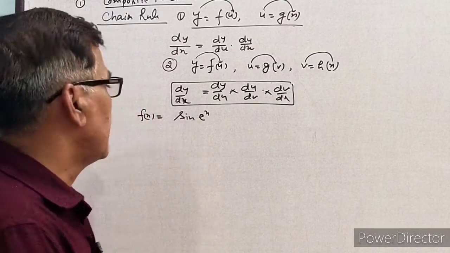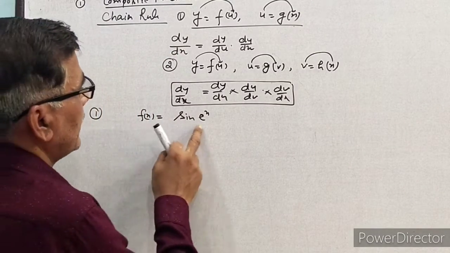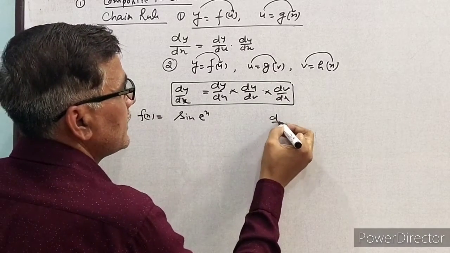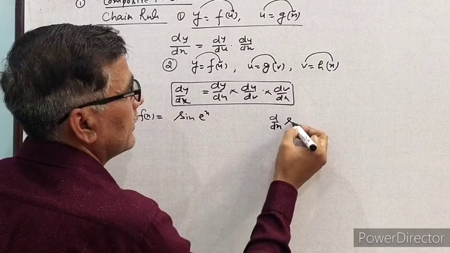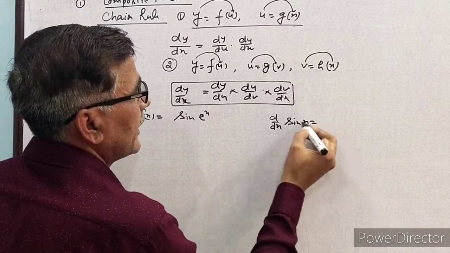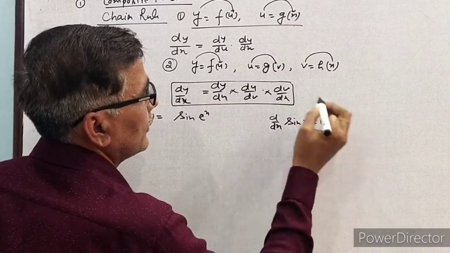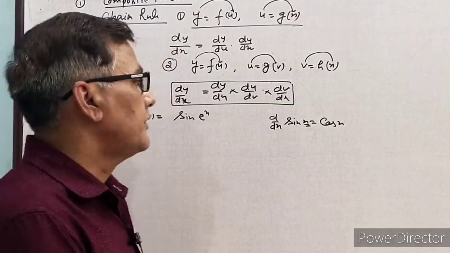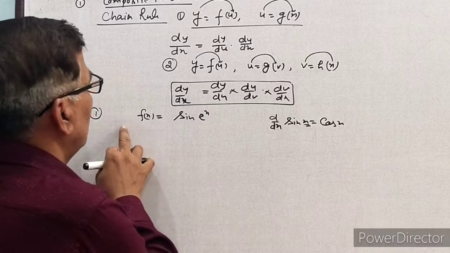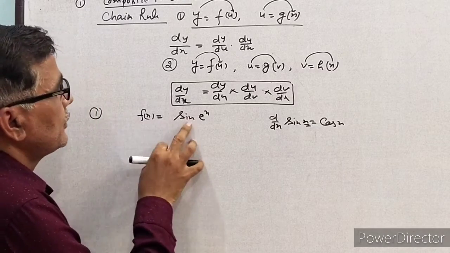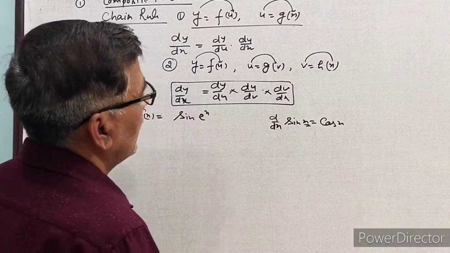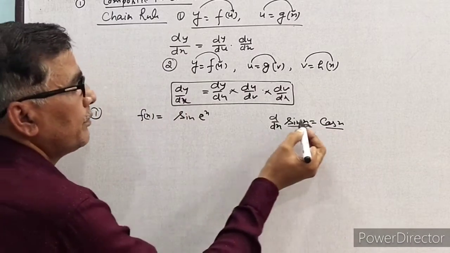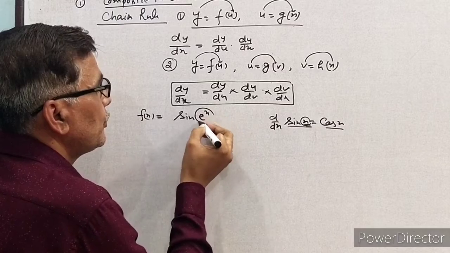Let us consider an example. f(x) is equal to sin e raised to x. Now we know the standard result: the derivative of sin x is equal to cos x. Here in the place of sin x, we consider a composite function f(x) is equal to sin e raised to x. Here in the place of x we are having e raised to x.